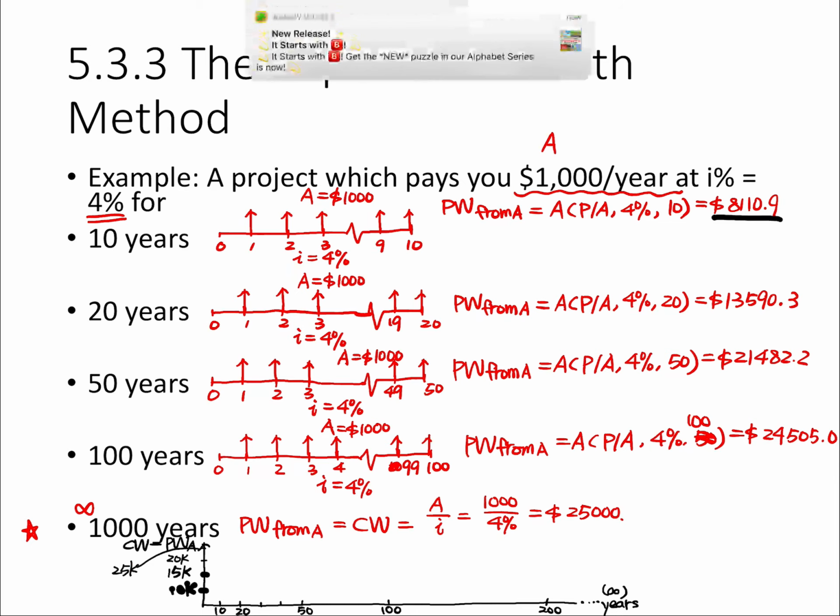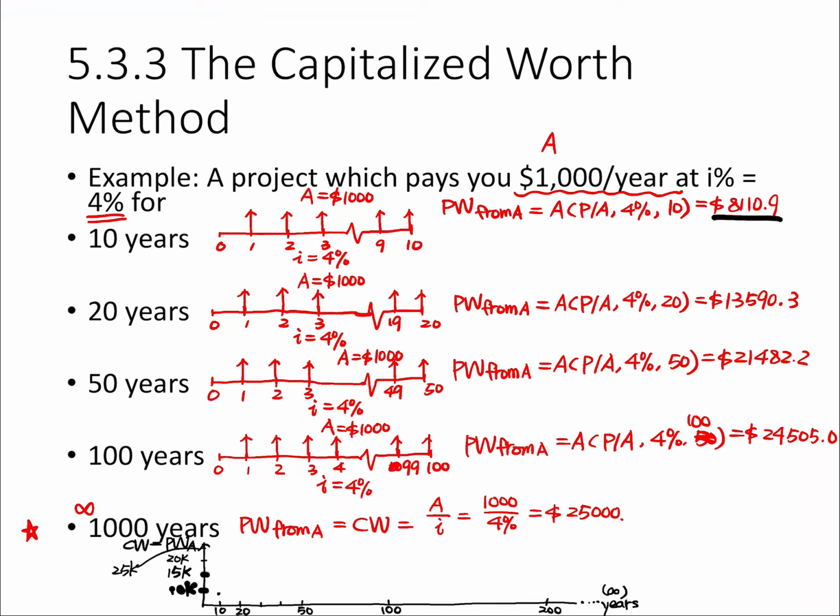That's the values on this y-axis. When time is 10 years, it's 8,000 something, so the dot is going to be here. When it's 20 years, it's 13,000 something, so it's lower than 15. When it's 50 years, it's 21,000, so it's over 20K. And when it's 100 years, it's 24,000 something, so it's getting closer to 25.